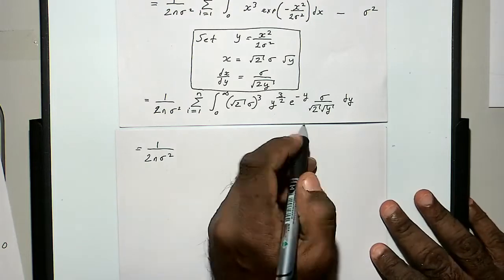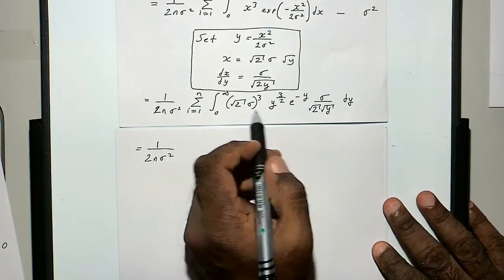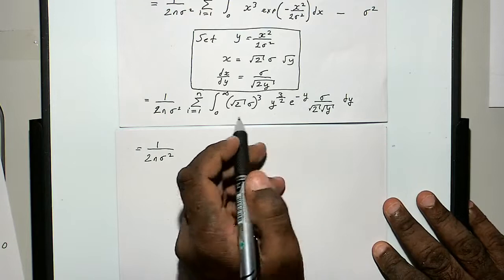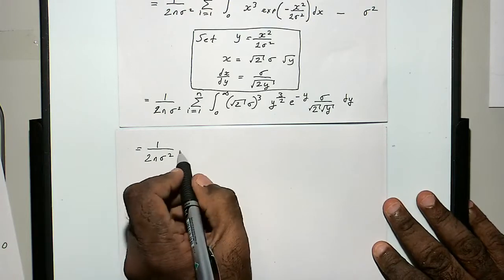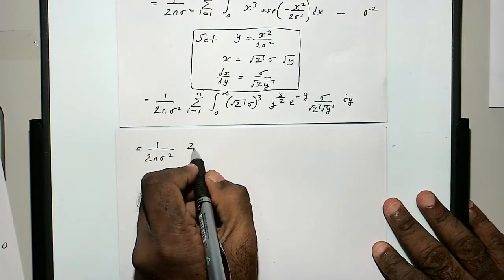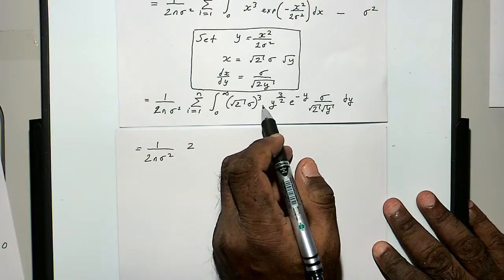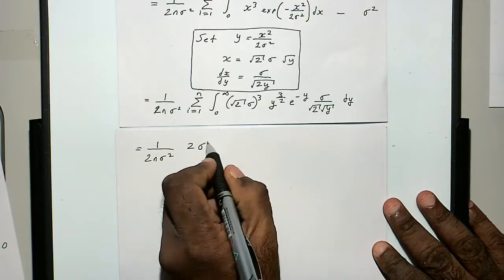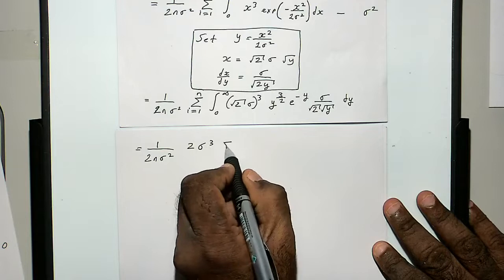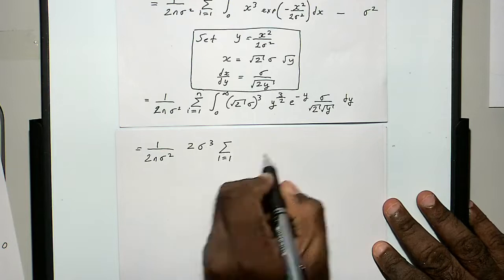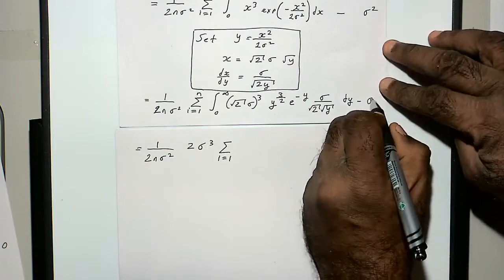Anyway, so if you divide this by this, there will be a 2 coming outside, and there's a sigma cube coming outside, and then you have sum, sorry, I left out a sigma squared here.